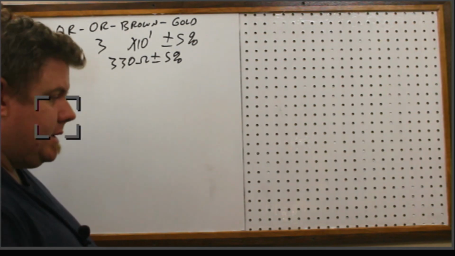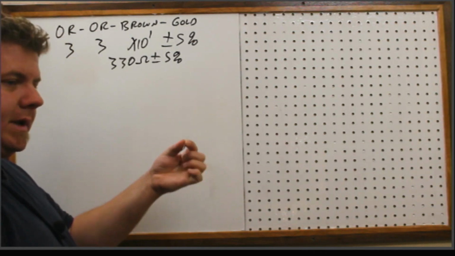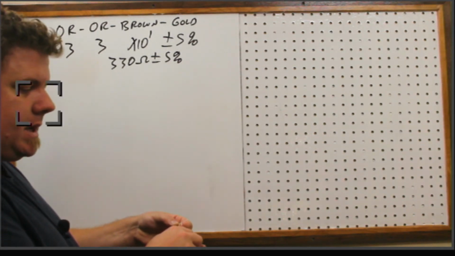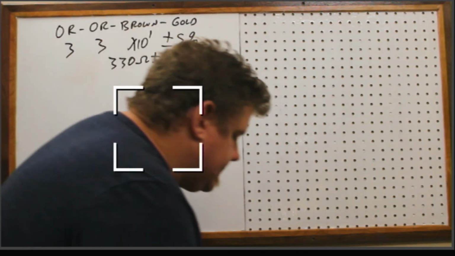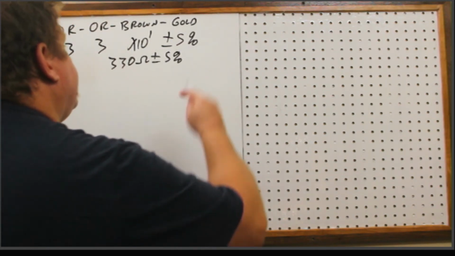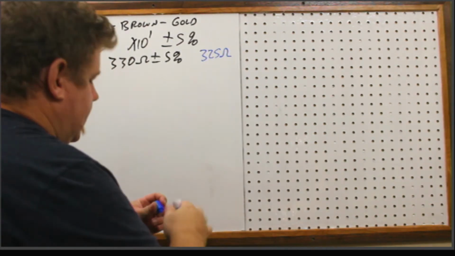So again, I take the body of the resistor with my thumb and forefinger. I know this isn't showing up on video right now, but I'm getting 325 ohms. So I actually measured 325 ohms. That's pretty close, but let's see how close it is.